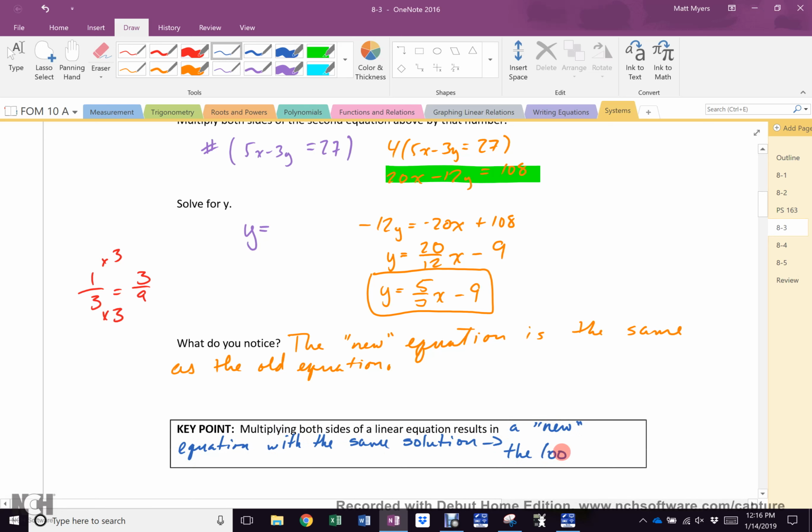The looks. The looks is what changed, but the answers will be the same. Everybody cool with that concept? I can change the way my equations look, but it will not change the way they function. Everybody good? Spectacular.